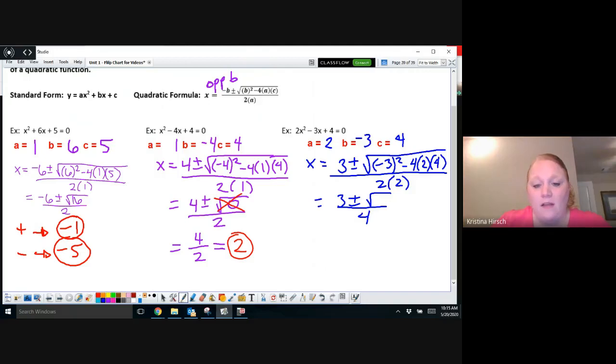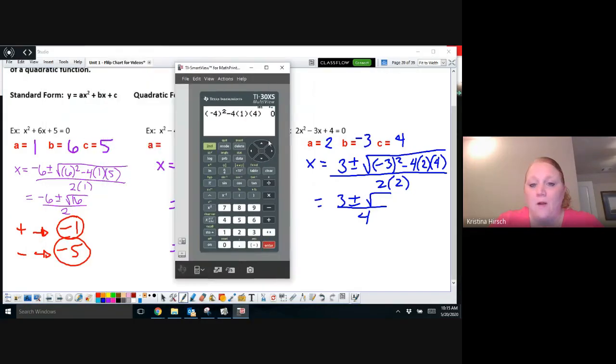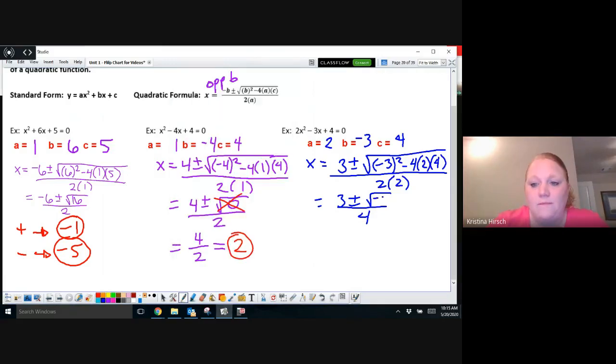So in my calculator, I'm going to figure out the discriminant portion. Remember, with the discriminant portion, I'm not putting the radical, okay? So I'm doing parentheses with a -3 squared minus 4, parentheses with a 2, parentheses with a 4. And I get -23.